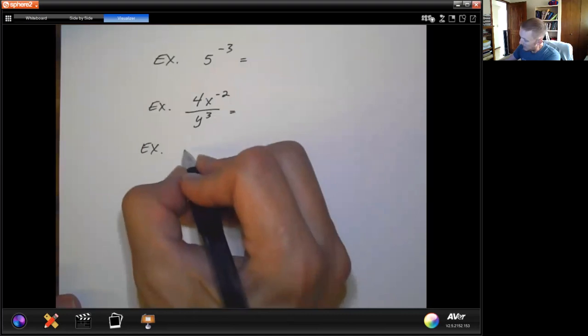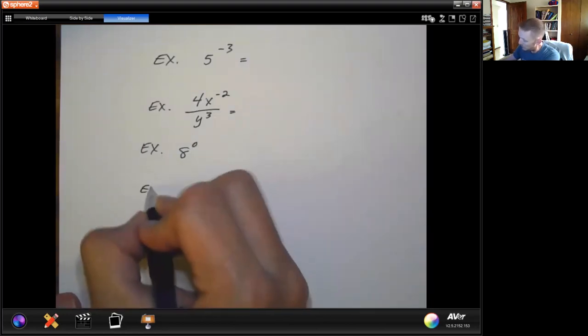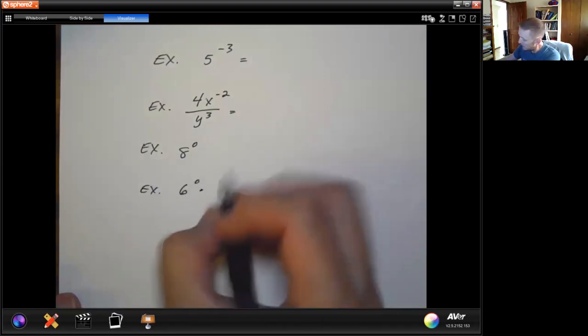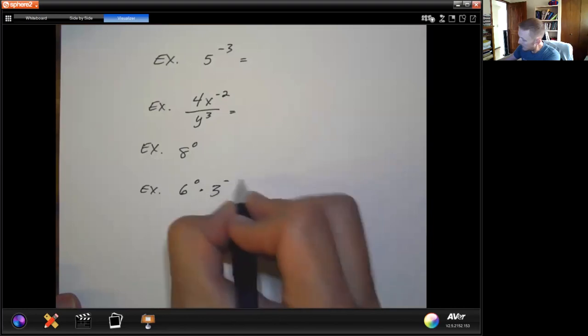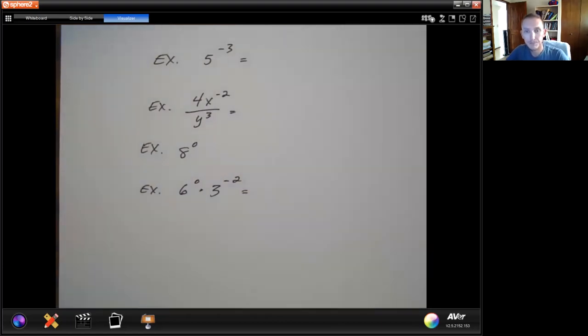And let's take 8 to the 0 power. And let's add one more difficult one. Let's go 6 to the 0 power times 3 to the negative second power. So go ahead and pause the video right now and try those 4 examples.